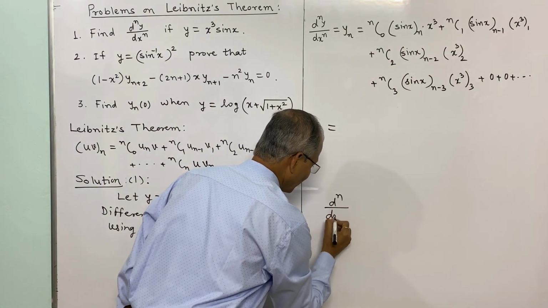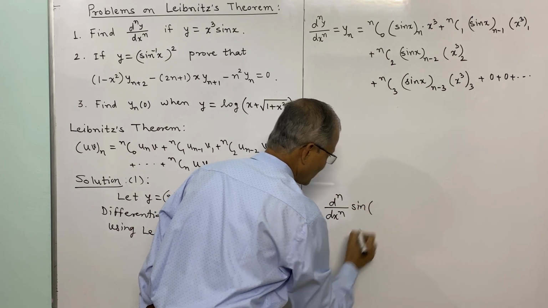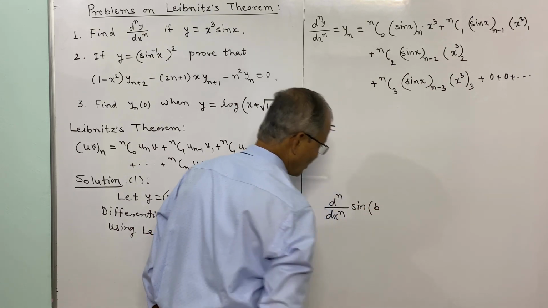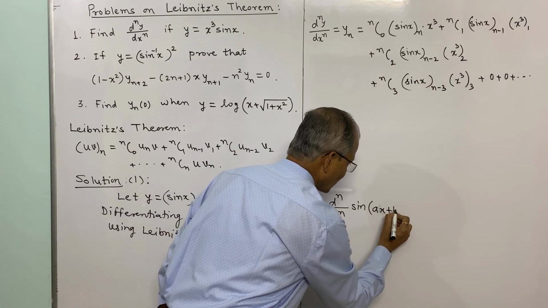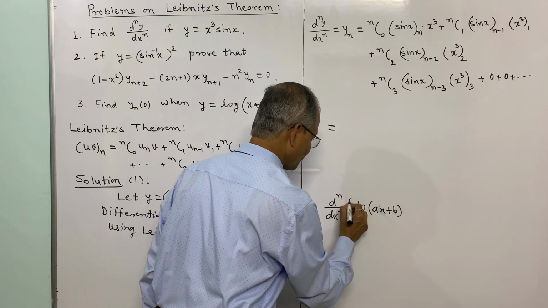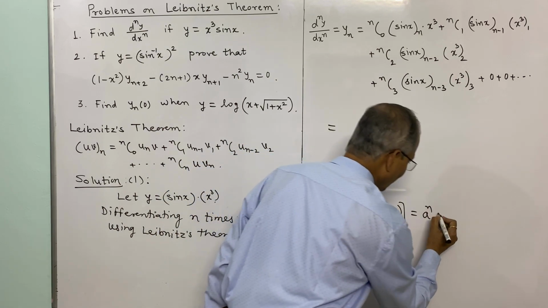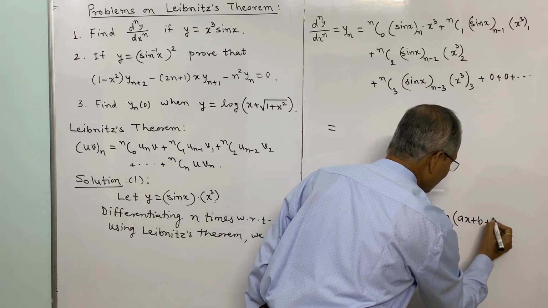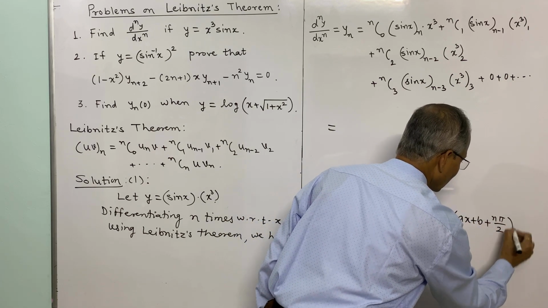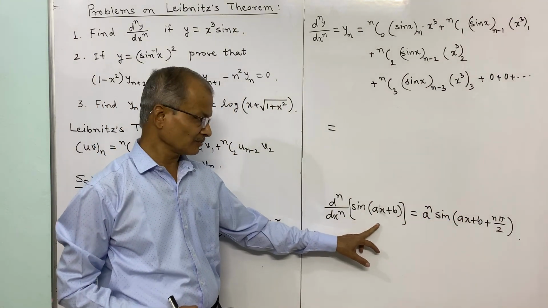Actually we have obtained the formula for the nth derivative of sin of ax plus b. That is a to the power n sin of ax plus b plus n pi by 2. This is the formula for the nth derivative of sin of ax plus b.